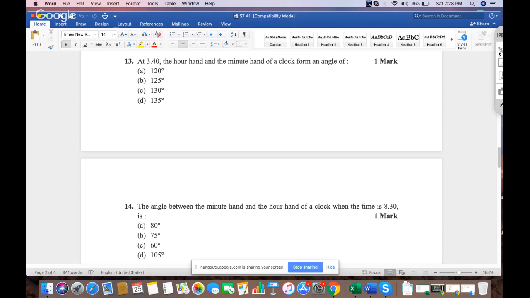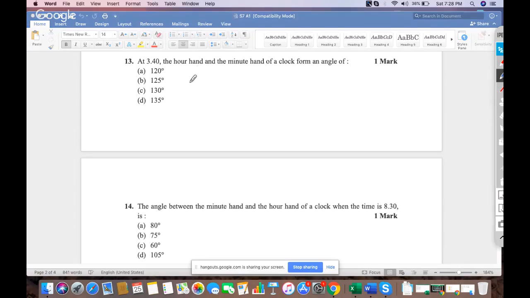Question number 13. So in question number 13, what happens is 340. So 11 by 2m minus 30h is equal to 220 minus 90 is equal to 130 degrees. So this is the answer.